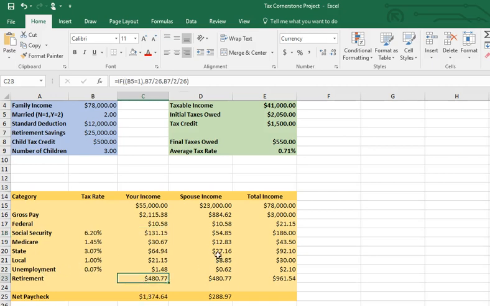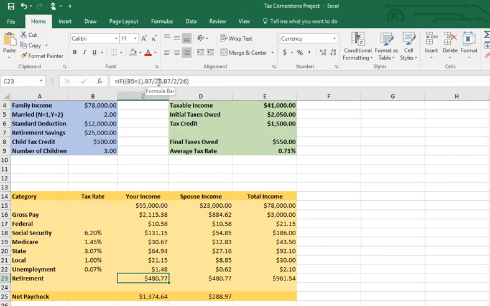Now we need another if statement. Okay, we're going to do the same thing that we did with the federal taxes. And we're going to say this: if B5 equals 1, that's right here, if you're single, then your retirement contributions are going to be however much you are putting into retirement, B7 divided by 26.